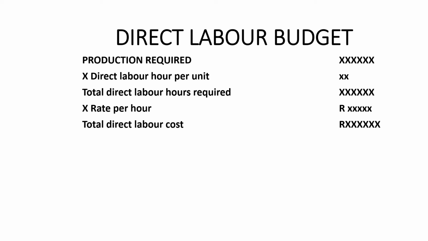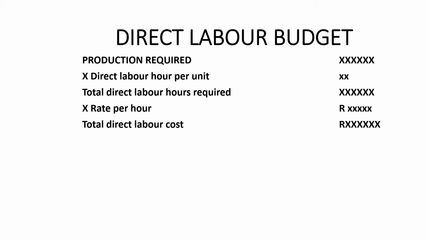Number 3 is our direct labor budget. Here we have to determine the amount of time required per unit, then multiply it by rate per hour, then you'll get the direct labor budget.